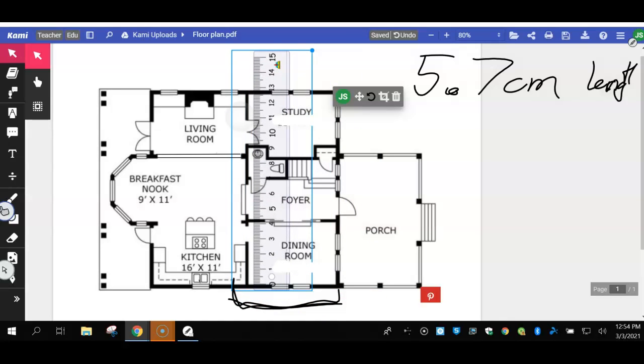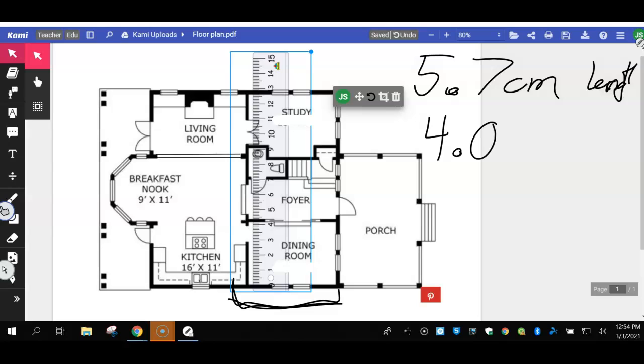Right there. That make sense? So I got 4. Did we all get 4? So that's 4 centimeters. Ooh, I got 4.2. It's okay. We'll be flexible on this a little bit.